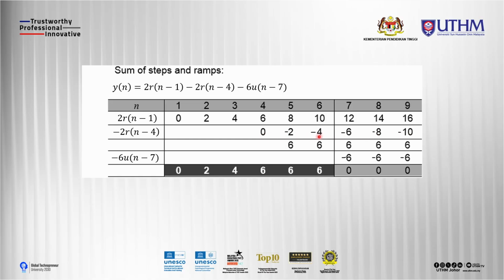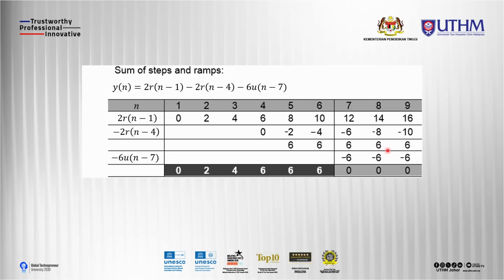Now what do we have left? We try to sum up. 0, 2, 4, 6. So 8 minus 2, you get 6. 10 minus 4, you get 6. 12 minus 6, you get 6. 14 minus 8, you get 6. 16 minus 10, you get 6. So we get what we want at the front: 0, 2, 4, 6, 6, 6. But notice that this is the extra 6, 6, 6.